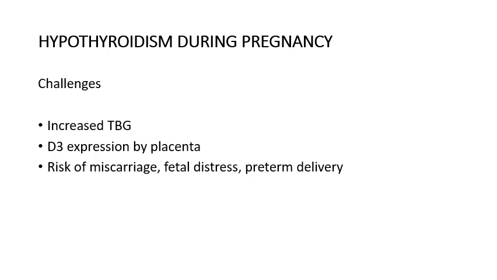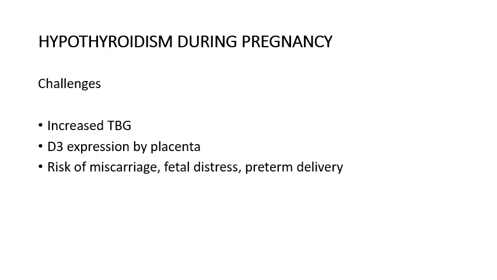So in pregnancy there is increased thyroid binding globulin production. So most of the T4 and T3 occurs in the bound state, so there is less free T4 and T3. And similarly type 3 deiodinase is expressed in the placenta. So we all know type 3 deiodinase is responsible for metabolic degradation of T4 and T3.